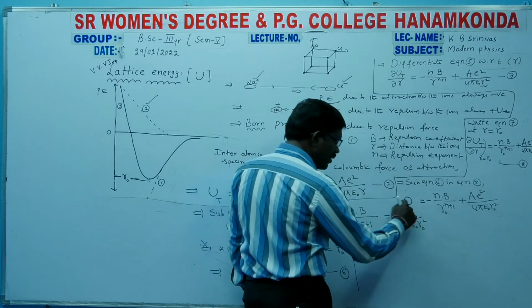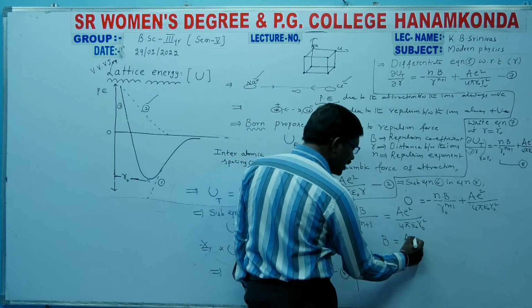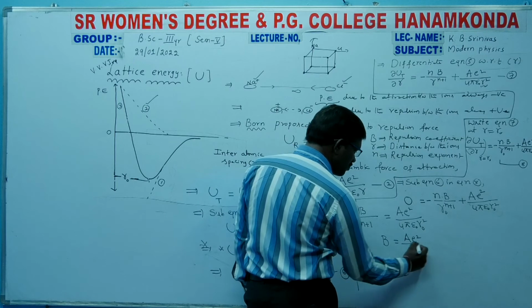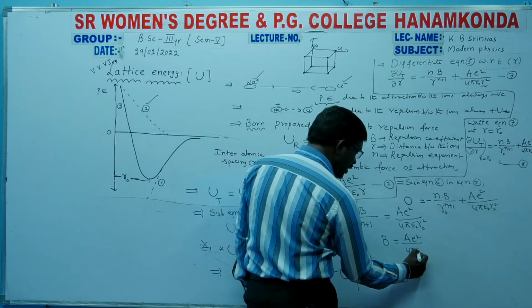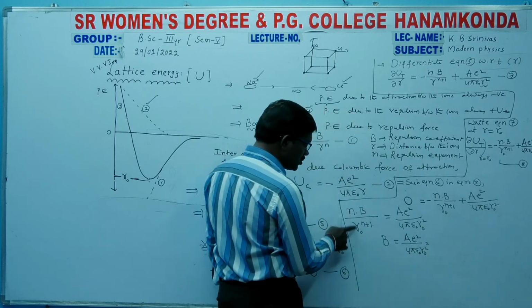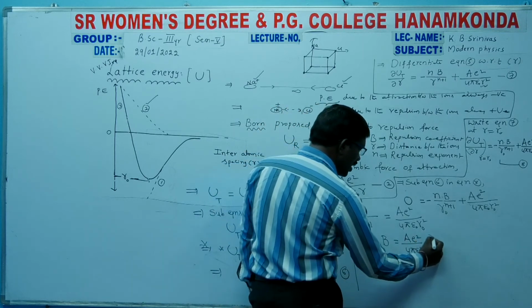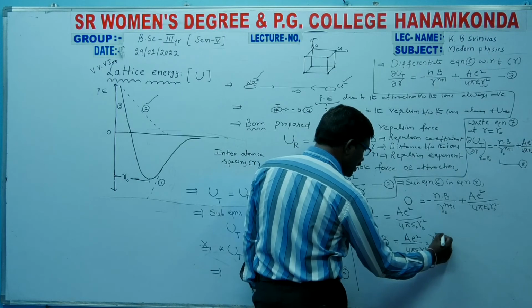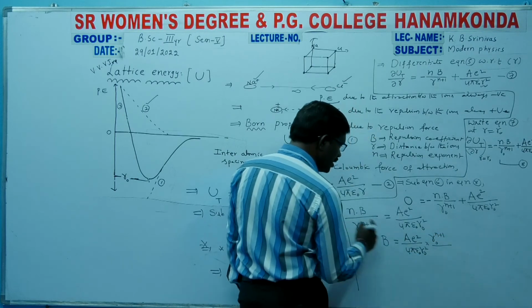So already here we are having a e square by 4 pi epsilon naught r naught square, into, these two terms reversed, that is r naught to the power of n plus 1 whole divided by n.